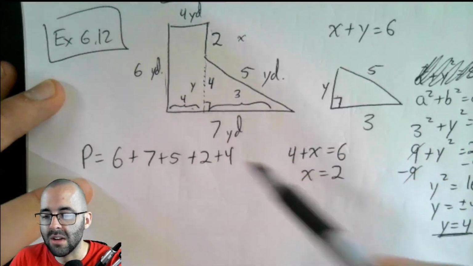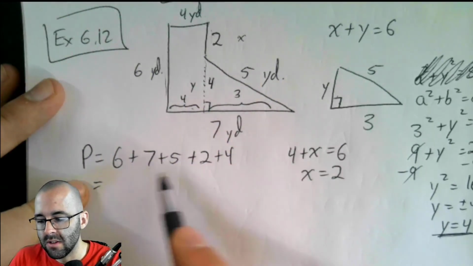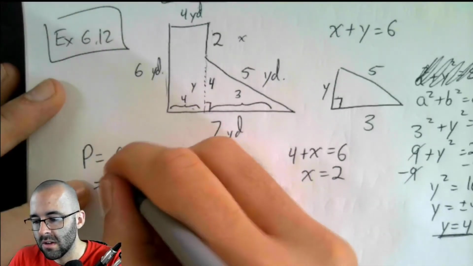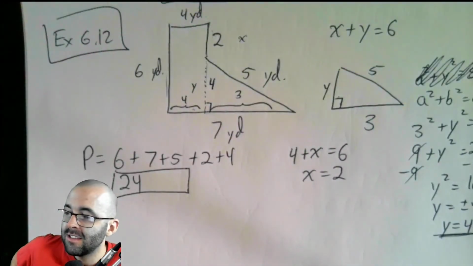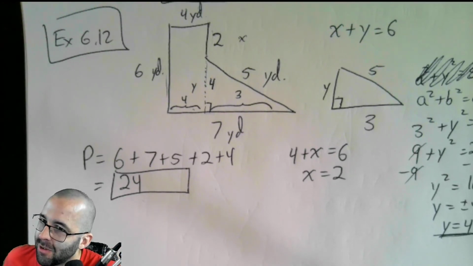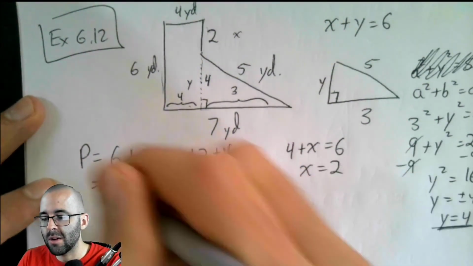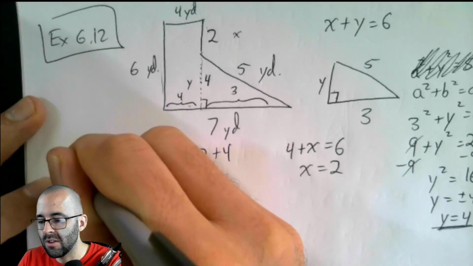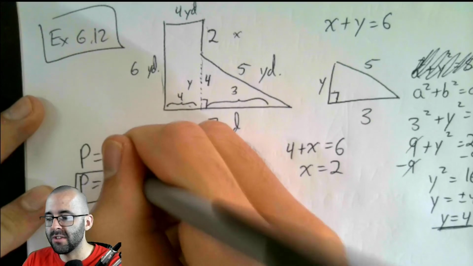We only look at the outside. So we add that all up together, 13, 18, 20, 24. And again, I've given you an incomplete answer. It's not just 24. It's 24 yards. That's our perimeter. Let's include the perimeter in our box. Perimeter is 24 yards.